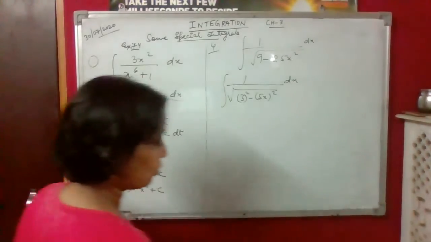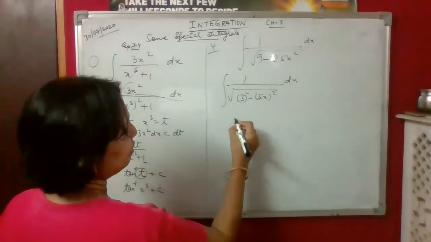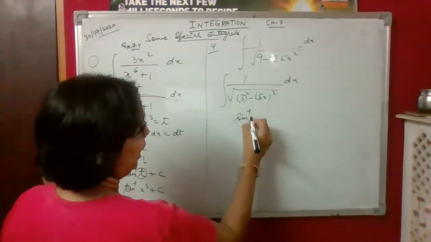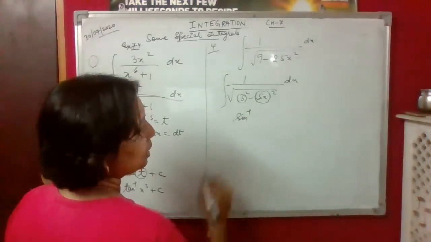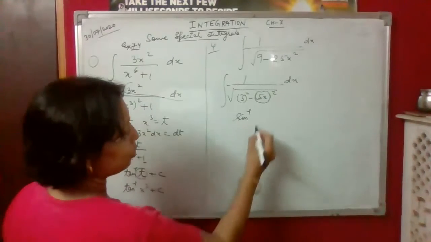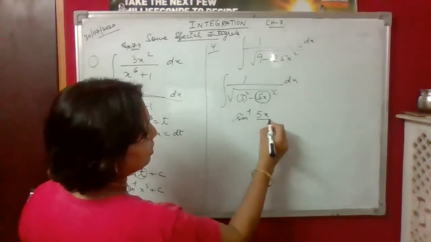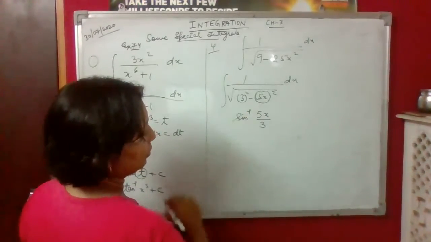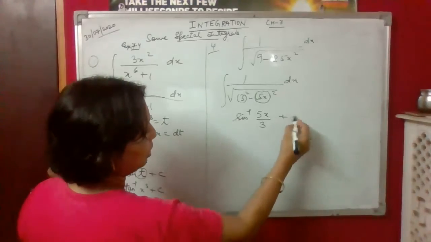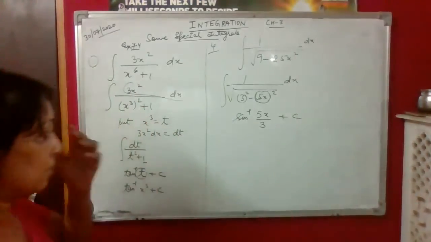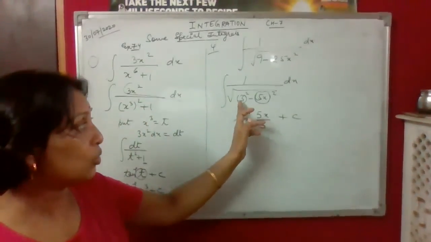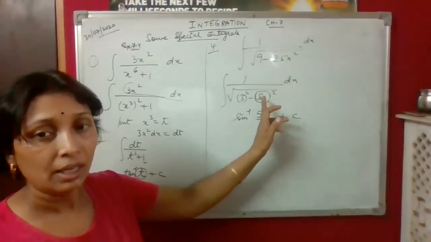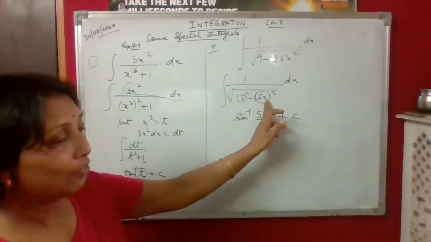So we'll apply the formula. What is the integral of 1 upon under root a square minus x square? That is sine inverse x upon a, where x means the complete term which is here in place of x, and a is this term, plus c. And one thing you should always remember when we are comparing it with a square minus x square: in place of x we have 5x here.